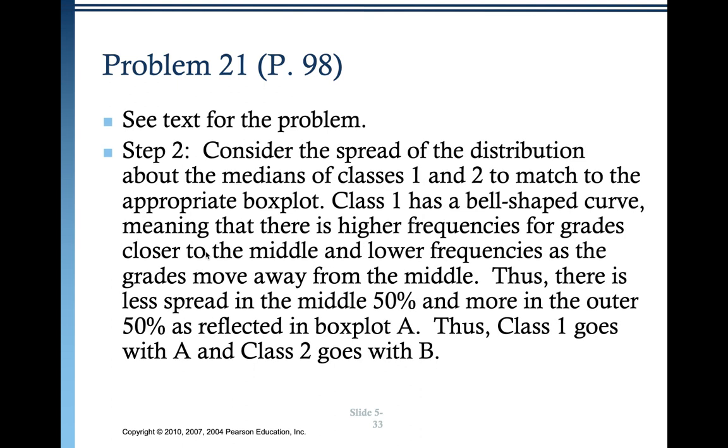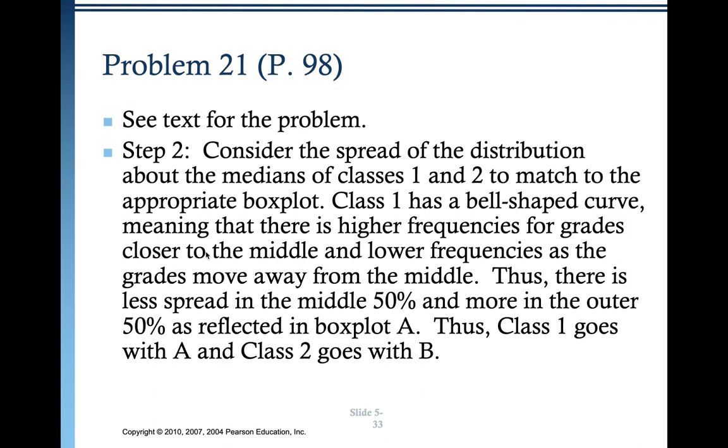Step 2, consider the spread of the distribution about the medians of Classes 1 and 2 to match to the appropriate box plot. To differentiate between these two, we have to look at the spread. Class 1 has a bell-shaped curve, meaning that there are higher frequencies for grades closer to the middle and lower frequencies as grades move away from the middle.